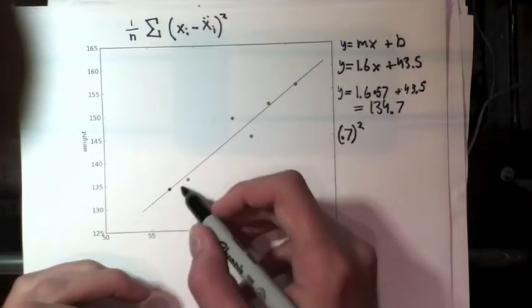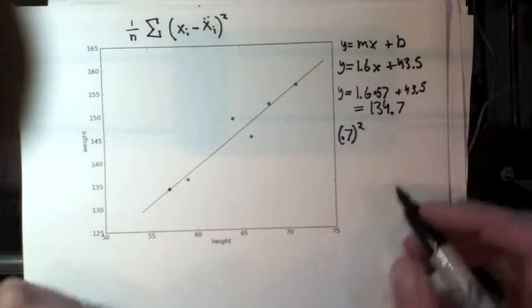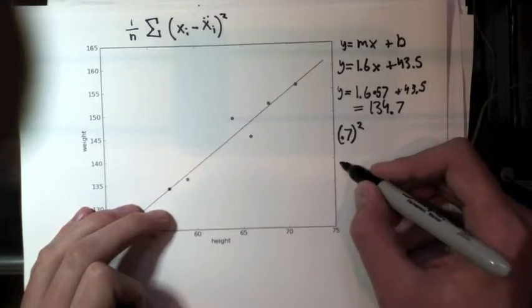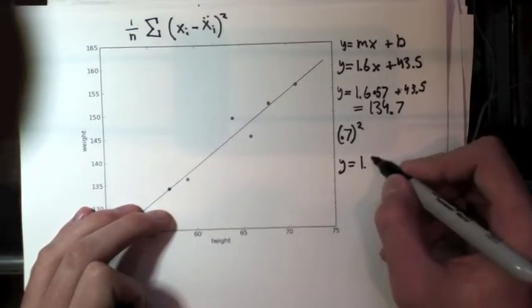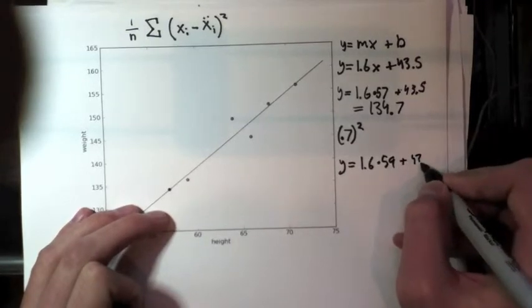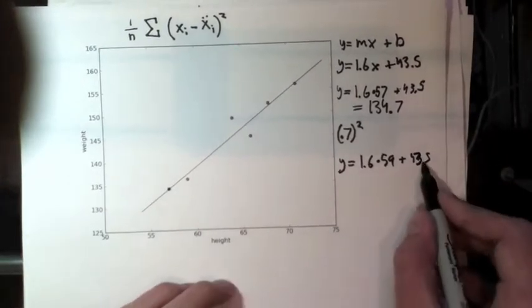And then we'll do the next one too. So this next person is 136 pounds and 59 inches. So again, for the second person, y is equal to 1.6 times 59 plus 43.5. I can't write very well, can I?